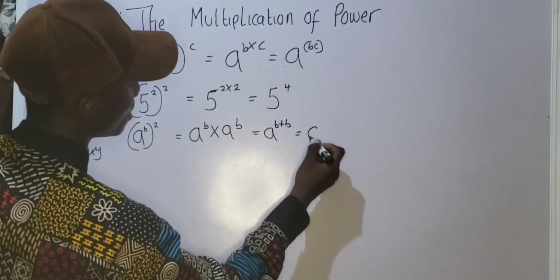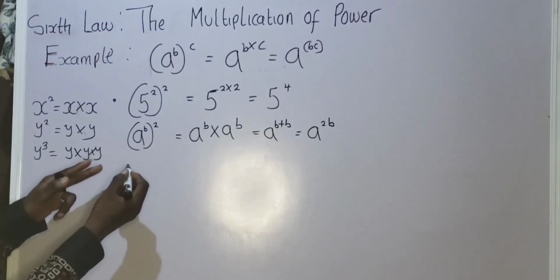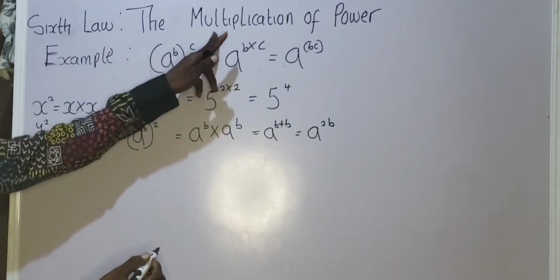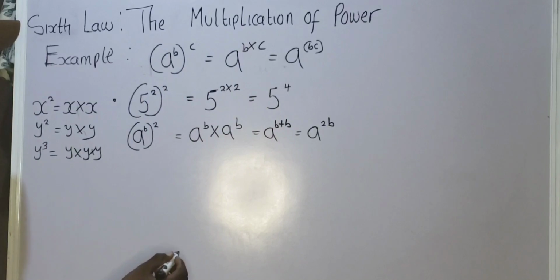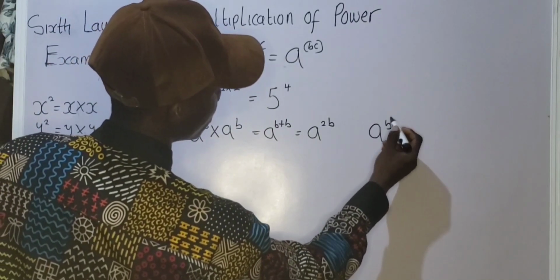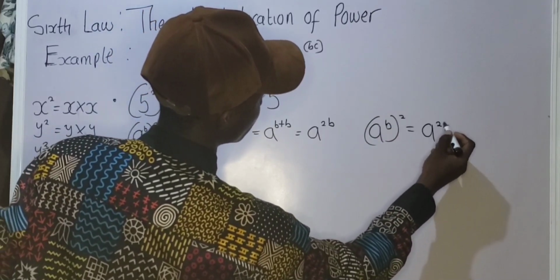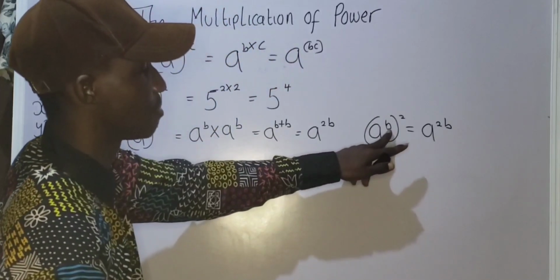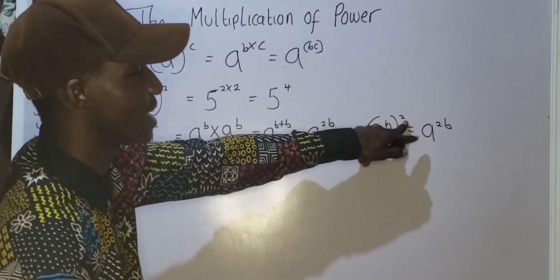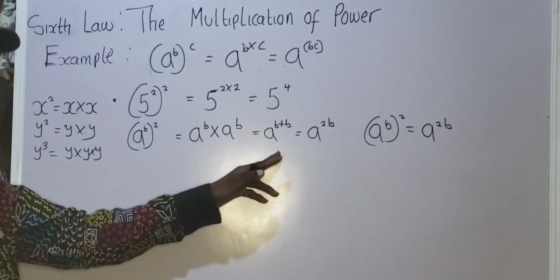This is a raised to the power of 2b. So if I want to make use of this law, that is the multiplication of power, I can easily rewrite a raised to the power of b raised to the power of 2 as a raised to the power of 2b. I'm just going to multiply the power with the exponent that I have here. So instead of going this long way, do you understand?